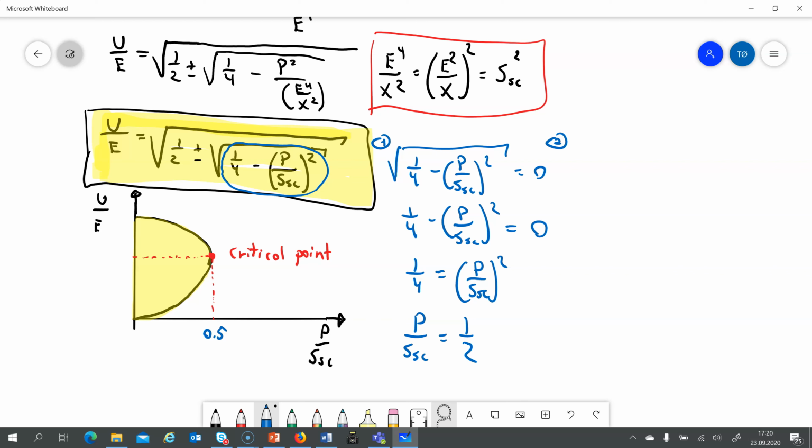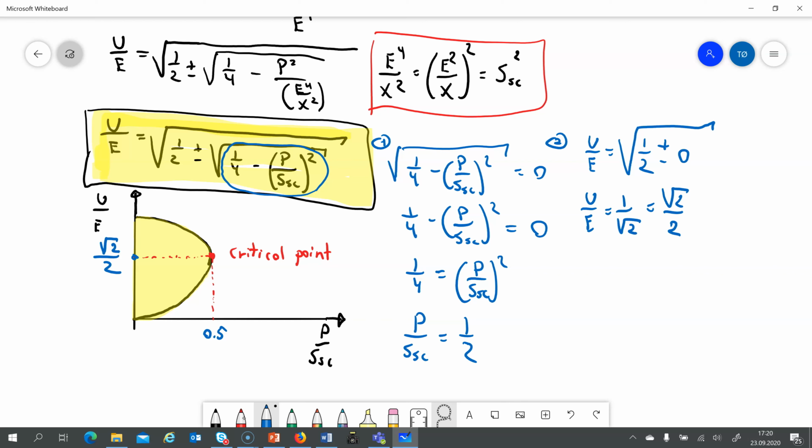The other will be U over E equals half plus minus 0, because now we are out of this point. This is U divided by E equal to 1 divided by square root of 2, or square root of 2 divided by 2.